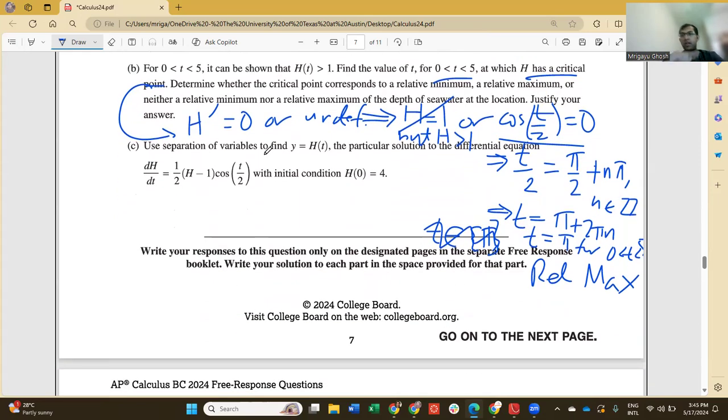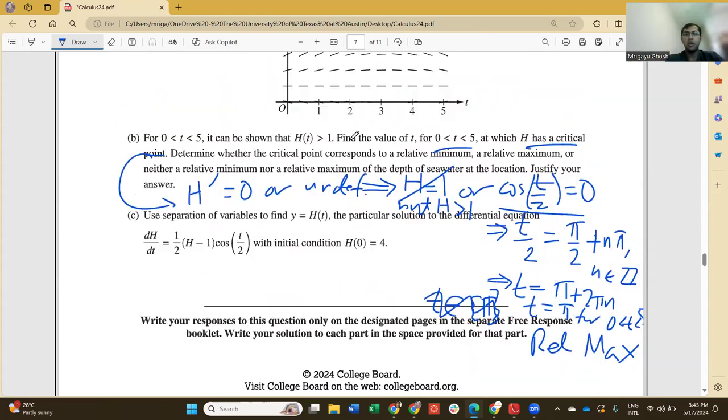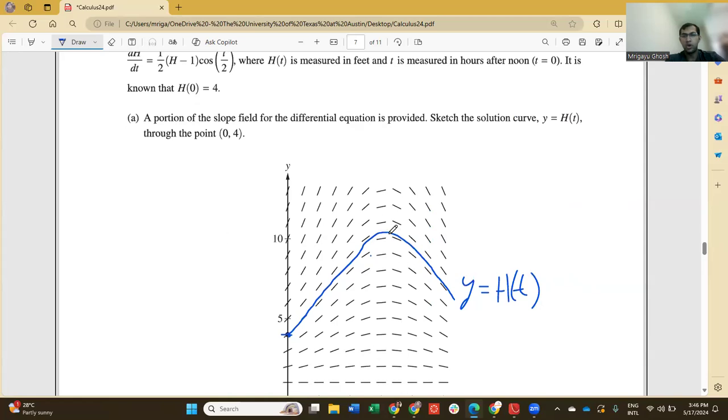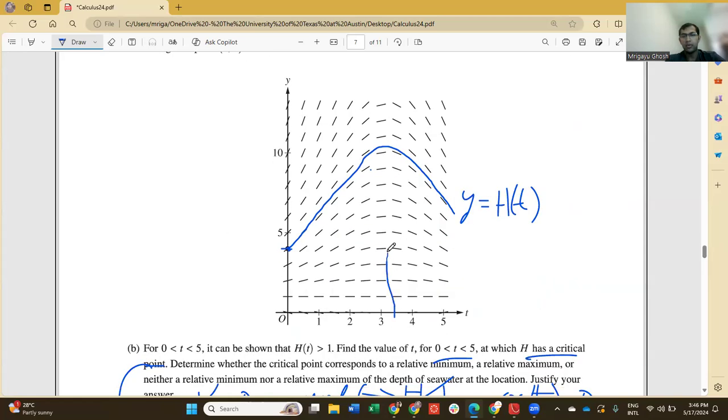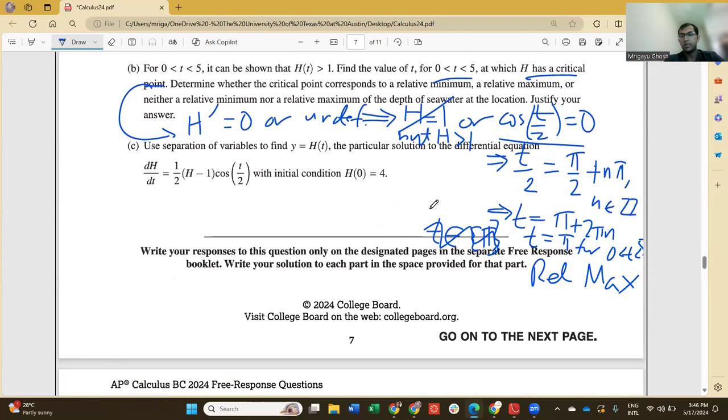So you can use that argument that it'll be positive before, then negative after. But I think another reason is you can just show that around pi, 3.14, you have a relative maximum in your graph here. So that's another reason you can give based on the slope field. Maybe they have different answers that they will accept there.